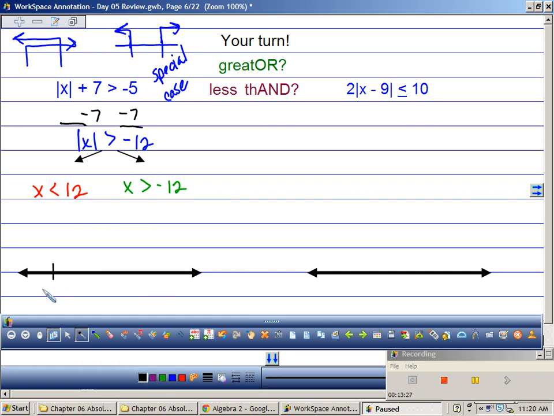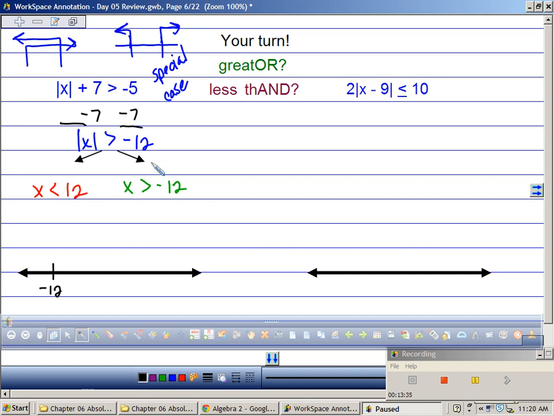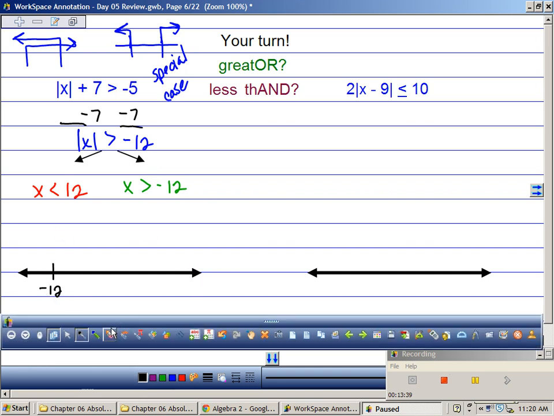So here's negative 12 on the number line. You can kind of tell because look at how they switch places. See that? How they're switching places. Normally, I would have this number over here in the positive direction and this number in the negative direction, right? But see how they switched places? This is a special case. So this is going to be in the negative over here, and this is in the positive. So what is x is less than 12?